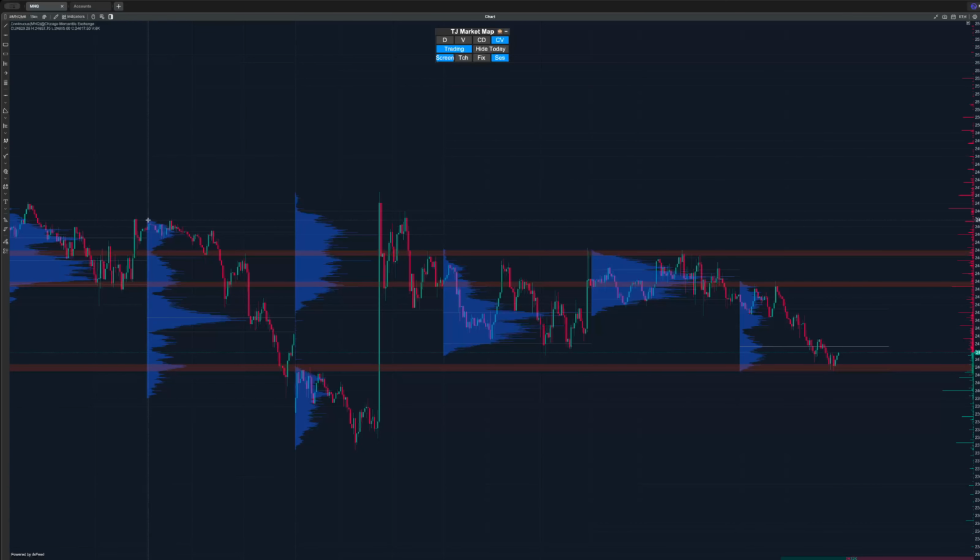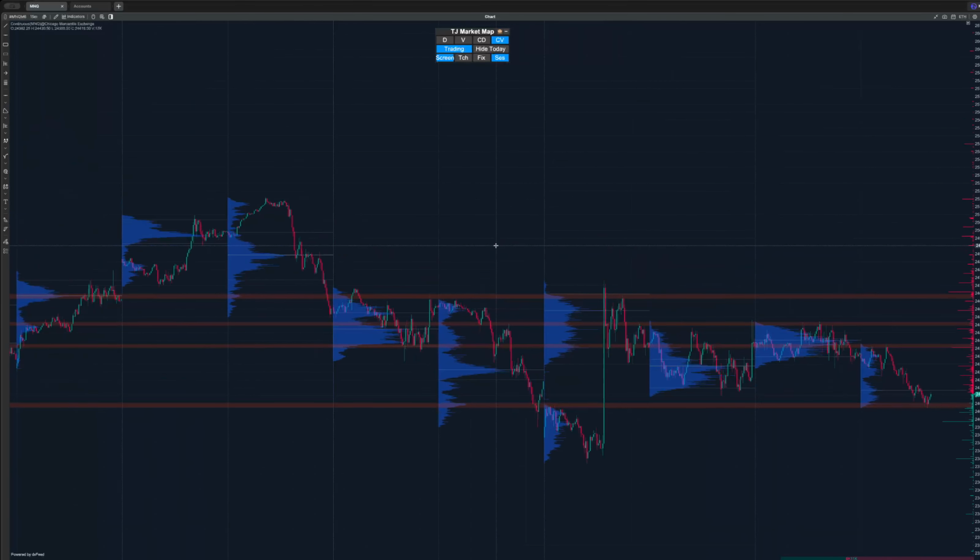Then I look a little bit back, so here I'm more inclined to take that high volume node, that volume area high. Since the market is in kind of a downtrend, I'm hesitating to over-engineer too much here. So let's say we take that one here as well.